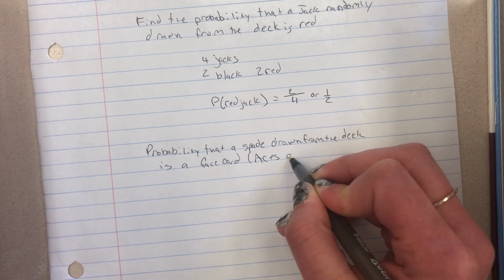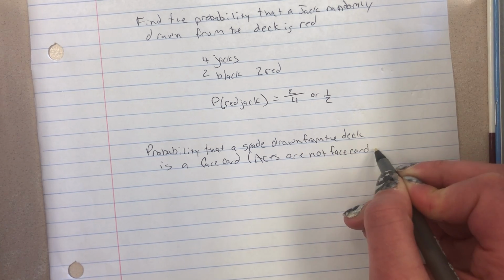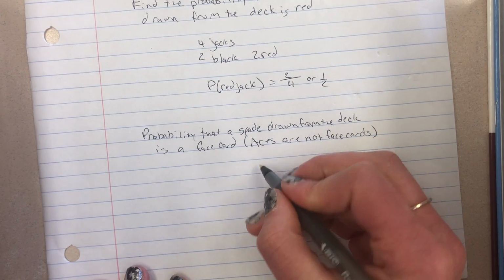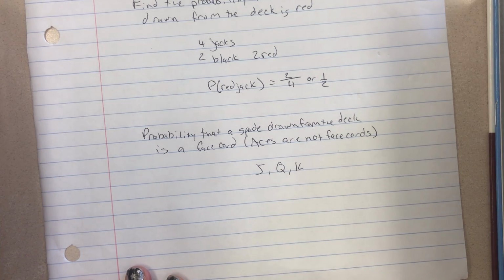Aces are not face cards. So let's talk about the probability that a spade drawn from the deck is a face card. Now I want to discuss what face cards are. Face cards are jacks, queens, and kings.